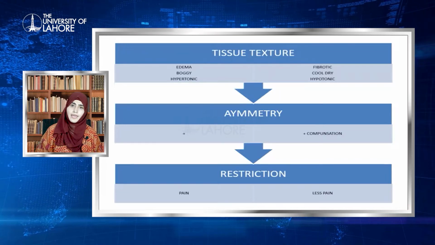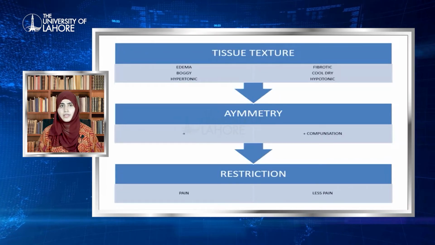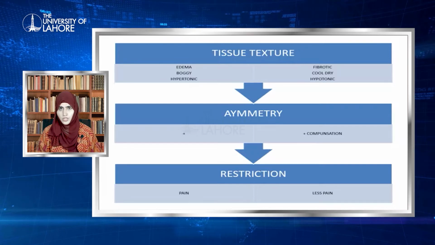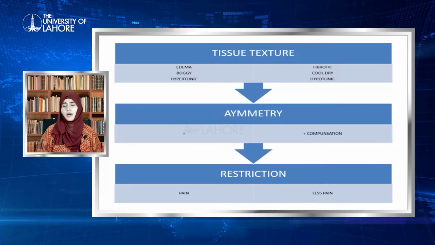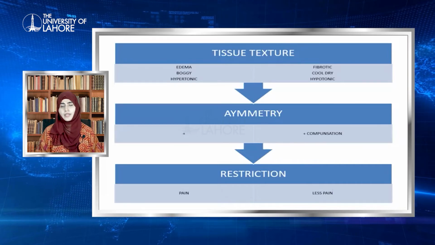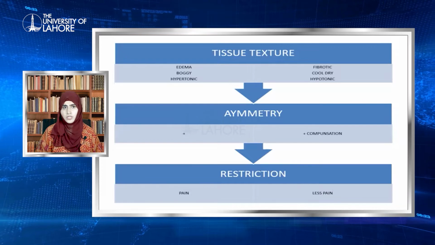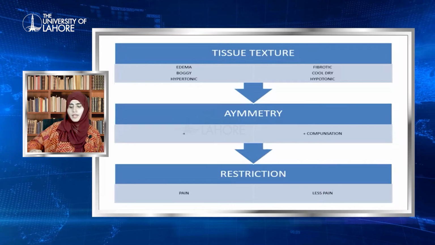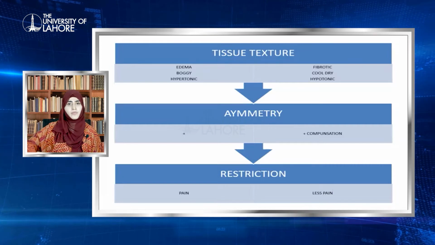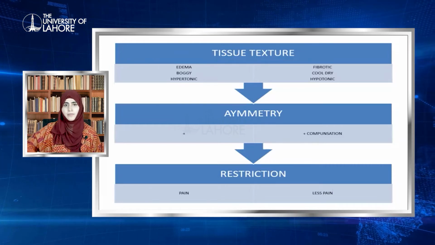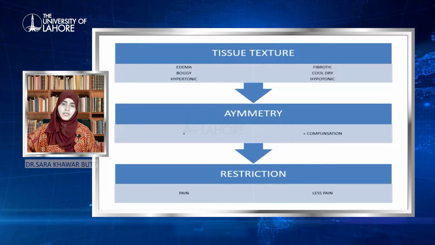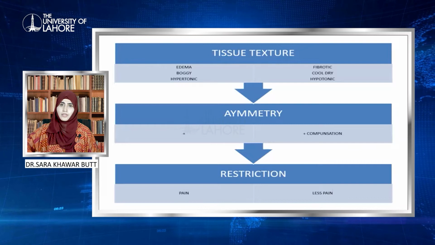Asymmetry is always present in both acute and chronic conditions, but there is movement compensation and tissue compensation in response to the chronic pathology. Tissue restriction or movement barriers are always present because of pain and impairment in motion. They present with less pain in chronic conditions.